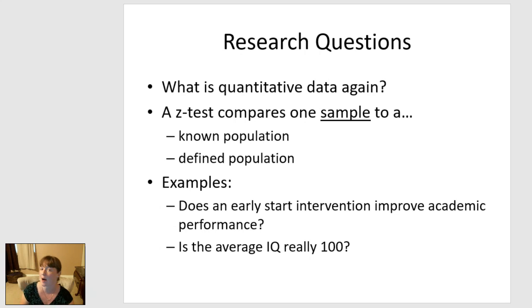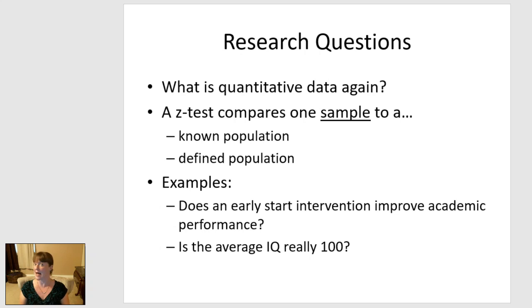And so let me give you a couple examples of research questions that we can now ask and answer using the one sample z-test. Does an early start intervention program, like let's say Head Start, which is where kids get breakfast and cognitive enrichment programs, improve academic performance?